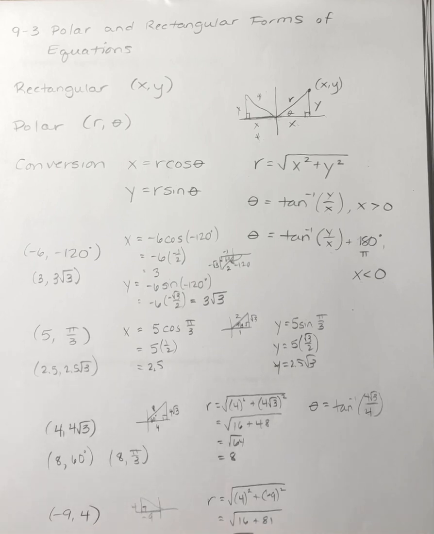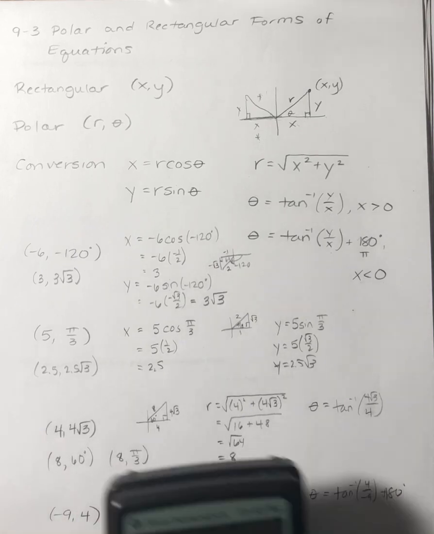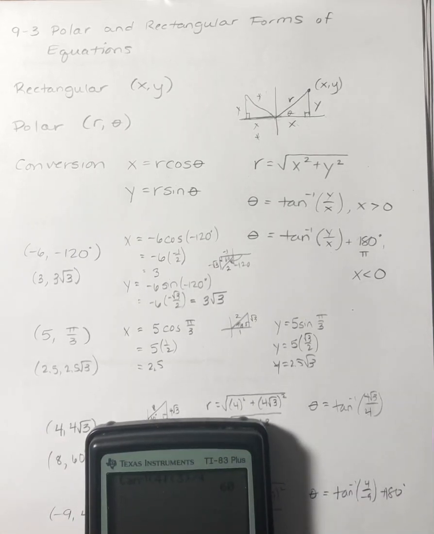And then theta, this is where x is negative, so I have to do the inverse tangent of y over x plus 180, because it's in quadrant 2. So the inverse tangent of negative 4/9 and then plus 180. Ooh, I did times 180, gosh darn it.